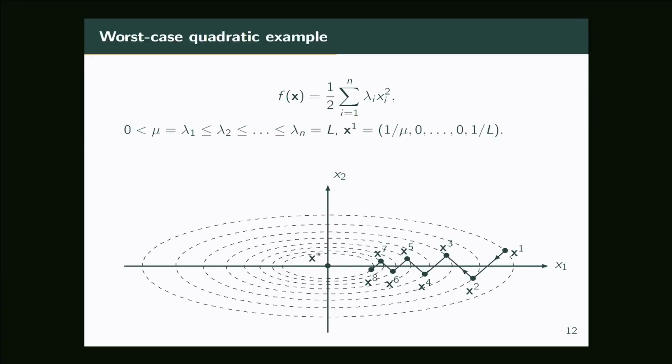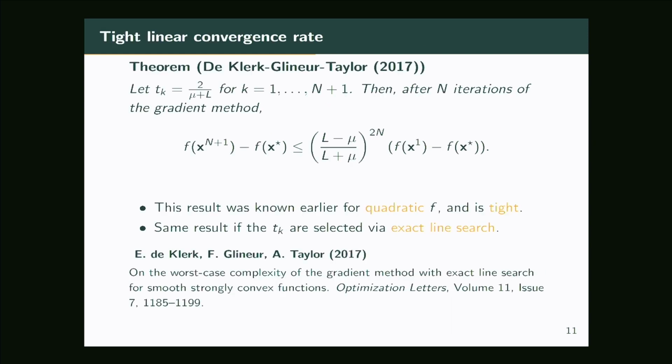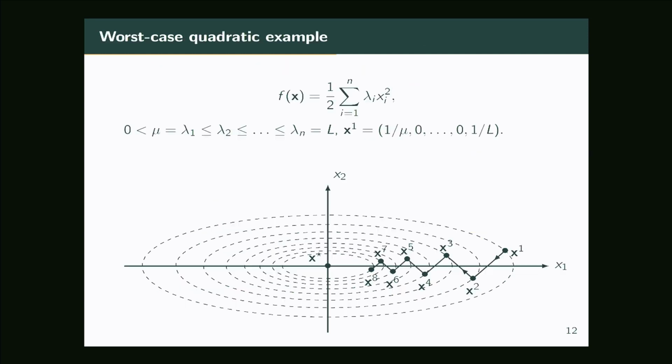So these are the steps of the Cauchy method. And the interesting thing here is the step lengths are indeed as indicated. So the step lengths here are precisely those step lengths, but they also happen to be exact line search step lengths for this example. And you can just see this graphically because the step takes us to a point which is tangent to the contour. So here again, it's tangent to the contour.